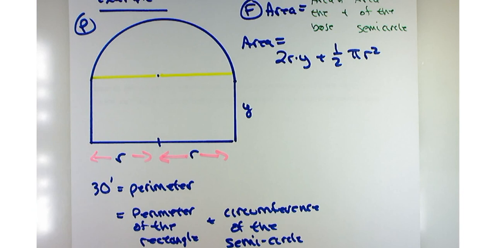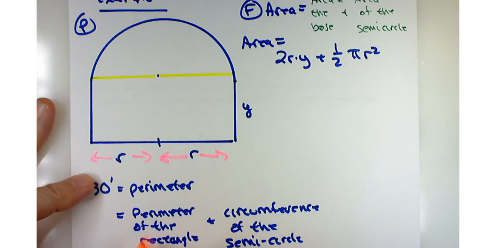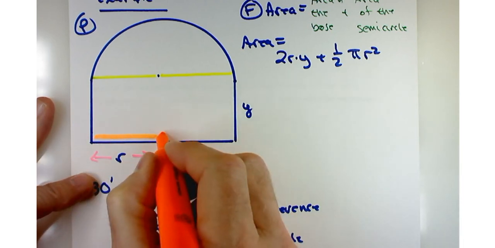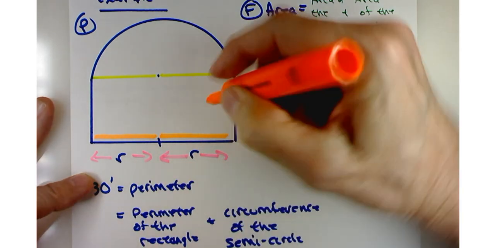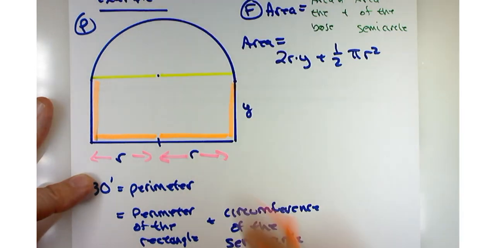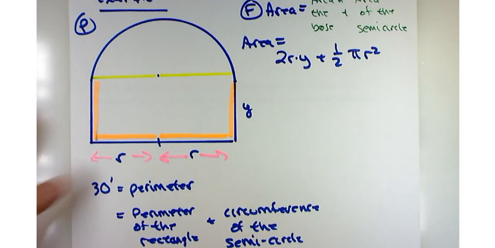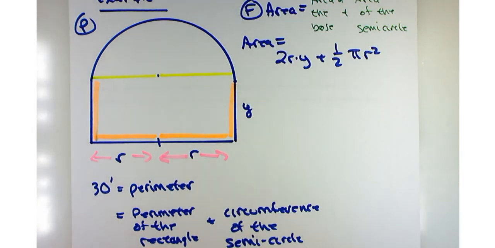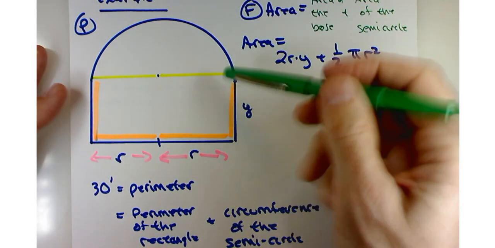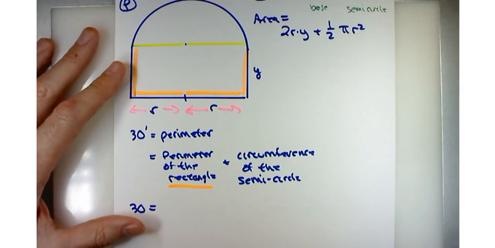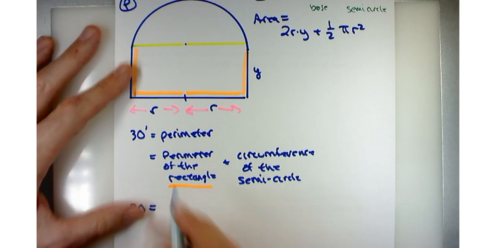Now when you're coming up with an expression for the perimeter of the rectangle, keep in mind I want this side and this side. I'm not going to use the top because that's just open space already. So what expression should I put in here for the perimeter of that rectangle? 2r plus 2y.